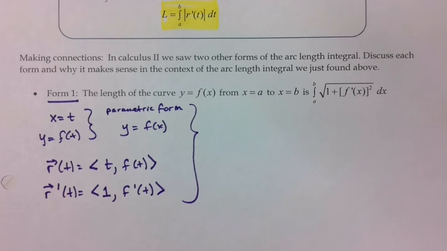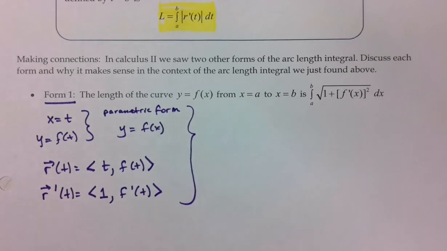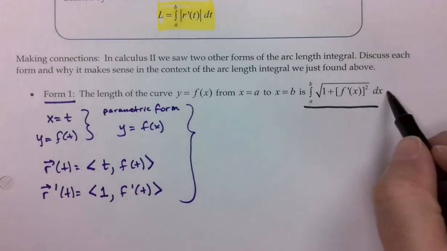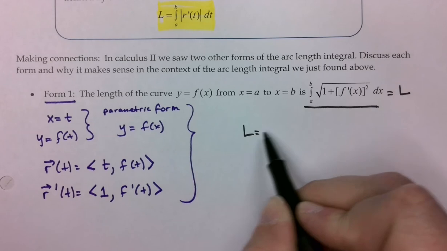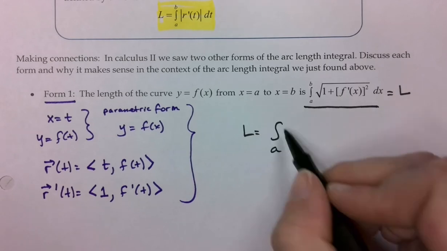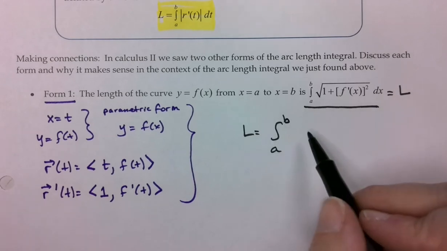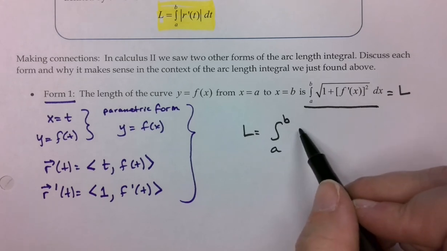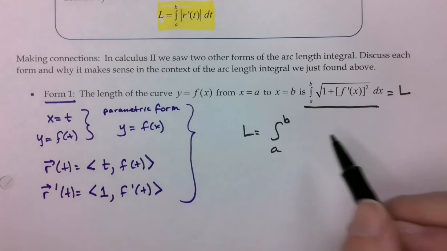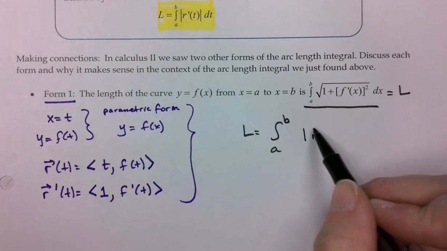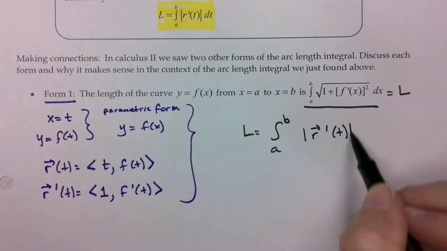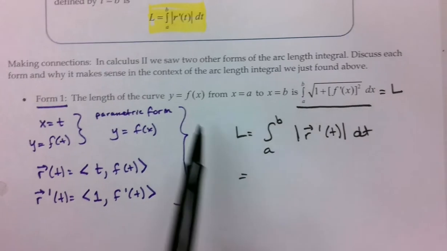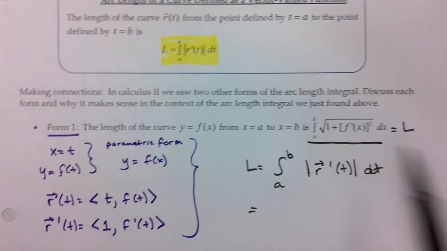So if we look at the arc length form that was given to us in Calc 2 right here. So there's the form, and I say that this is equal to L. Then L is equal to the integral from a to b of, actually I'm going to go in reverse here. So it would be the integral of this derivative, absolute value, dt. We already said that up above. I'm going to work from this one right here into that one right there.